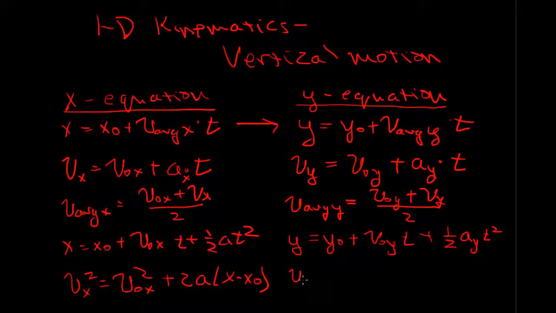And finally, vy squared is equal to v naught y squared plus 2a sub y times (y minus y naught). And again, if I want to be careful, I should put little x's over on these accelerations to remind myself that those are accelerations in the x direction and these are accelerations in the y direction.